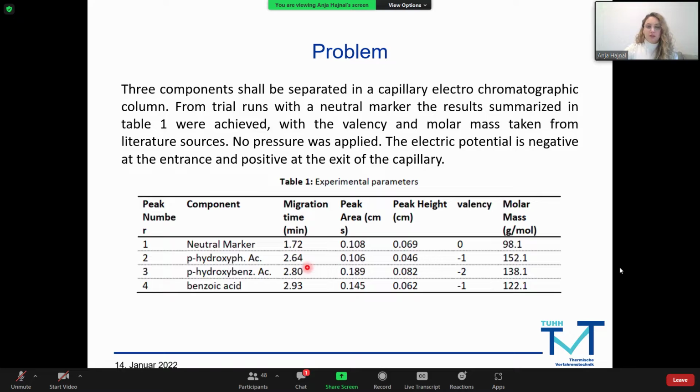In this table, you can see, and also if you have a look on page 2 of your sheets, you also have the peak diagram, which shows us the peaks that we got from the signal of our compounds. And these values in the table are just summarized for you, so you don't have to actually measure them with your ruler and everything.